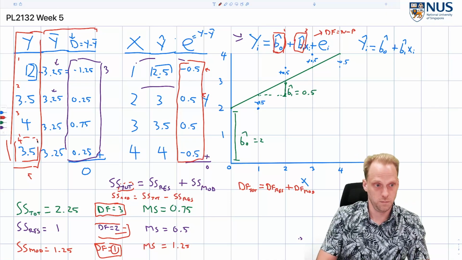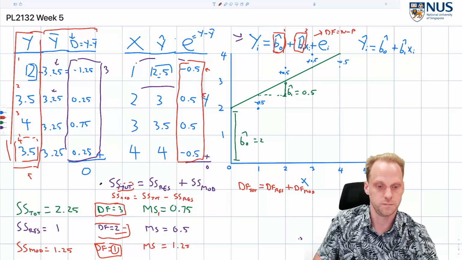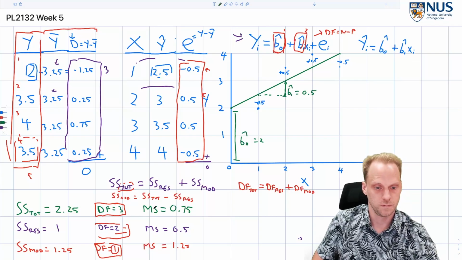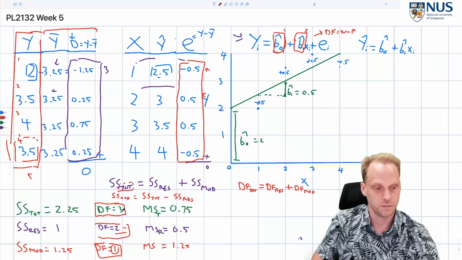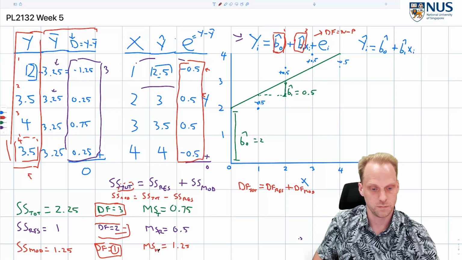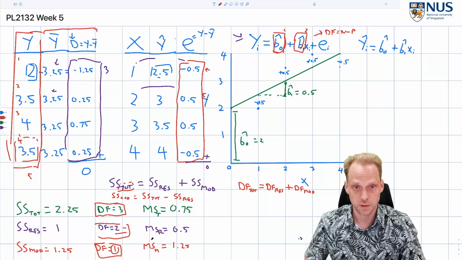Now let's add some subscripts still. Total, the green, total, residual, and model. Now why is this interesting, or why is this important?